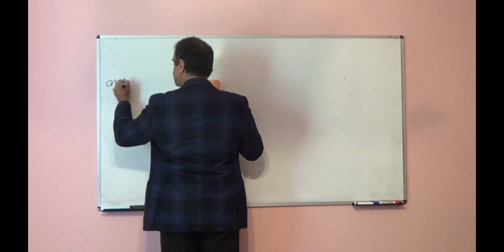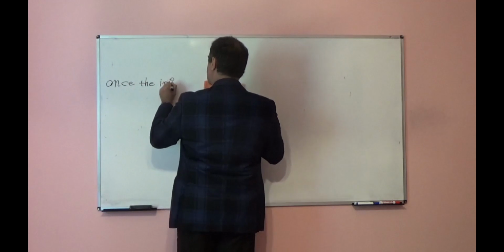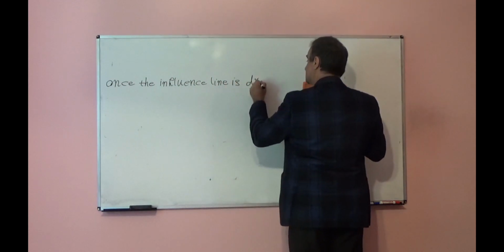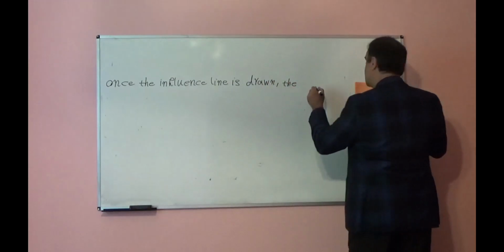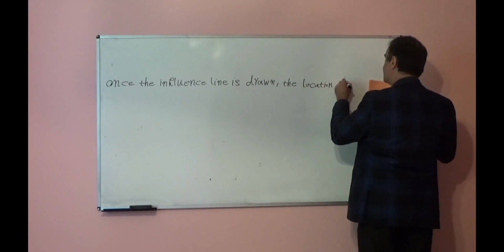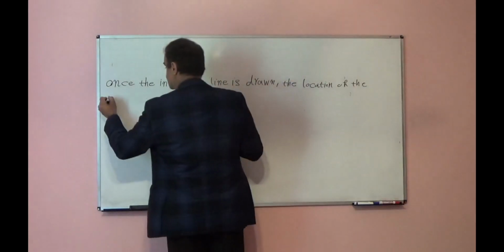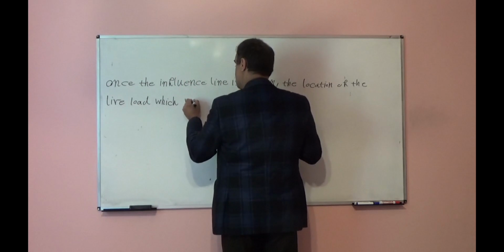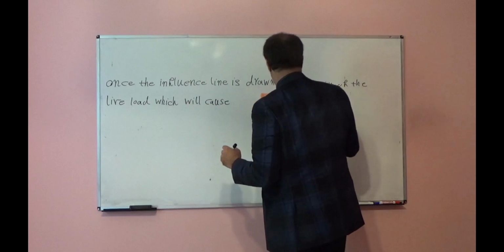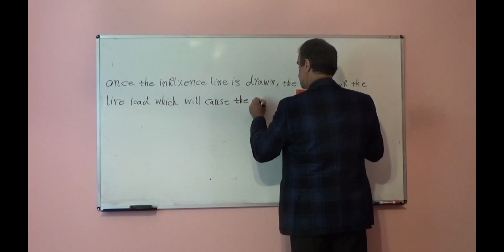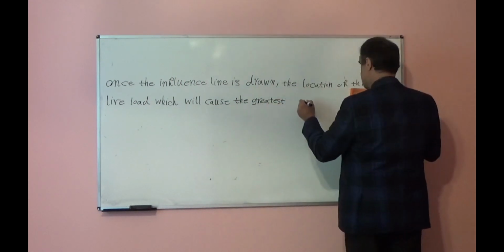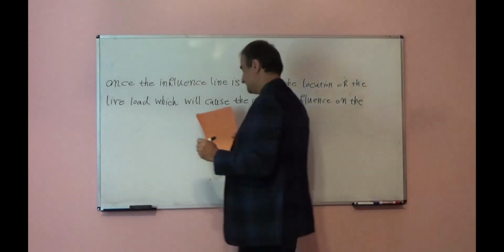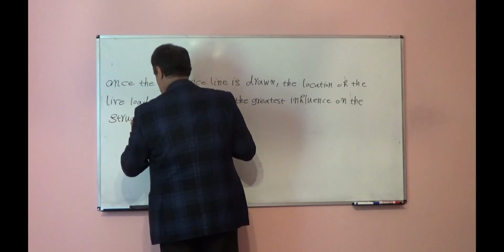Let's say add here once the influence line is drawn, the location of the live load which will cause the greatest influence on the structure can be found.